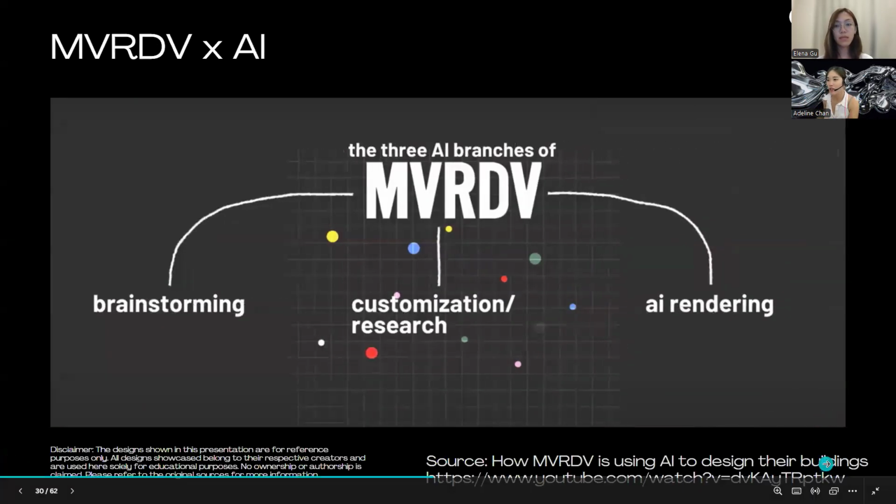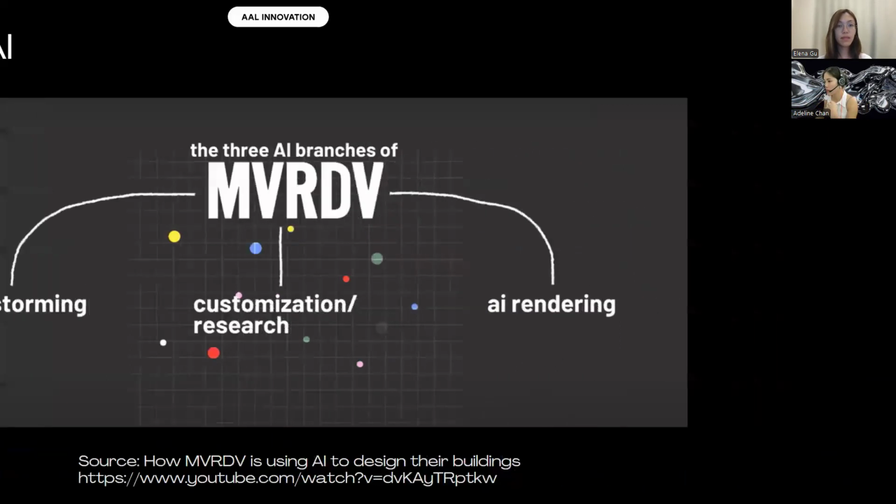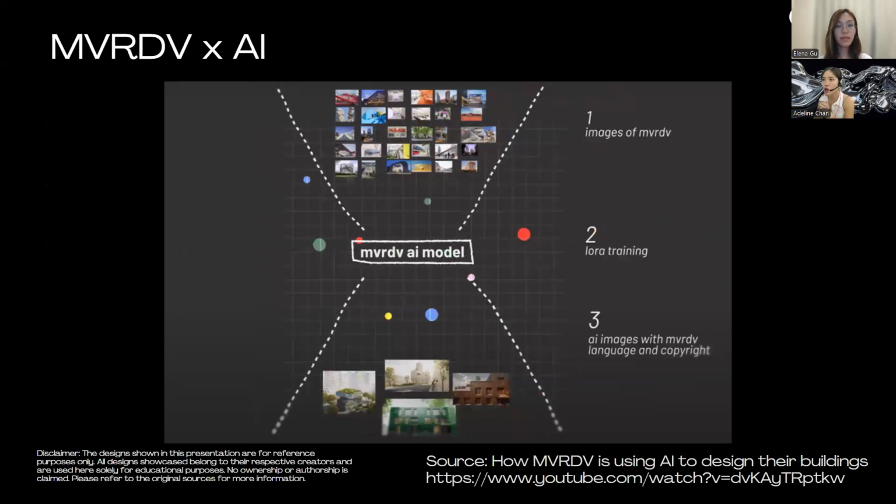But staying with MVRDV, they're using AI in a couple of different streams. First, there's brainstorming, then there's customization and research, and there's AI rendering. They use, I believe, a combination of Midjourney and Stable Diffusion, but I also believe they are now looking into LookX and implementing that as well. Copyrights, right? Everyone likes to talk about copyrights when they're talking about AI.